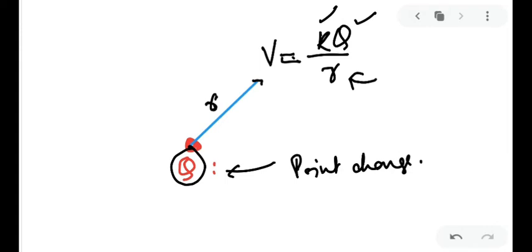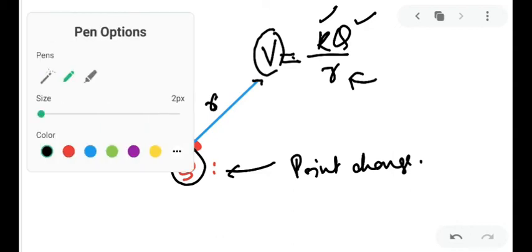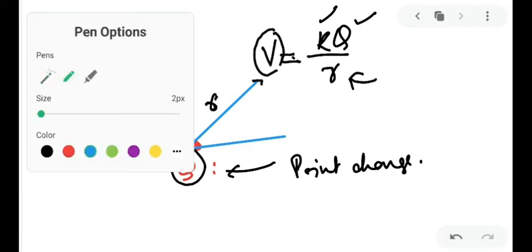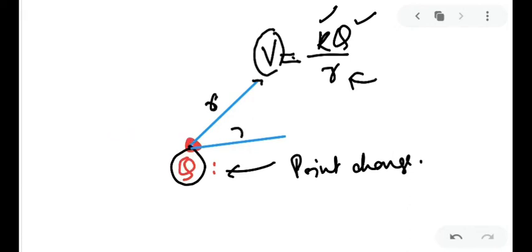Okay, so how can you keep this constant? Yeah, exactly what you are thinking. Suppose you have another point here, again at a distance r from that given charge.